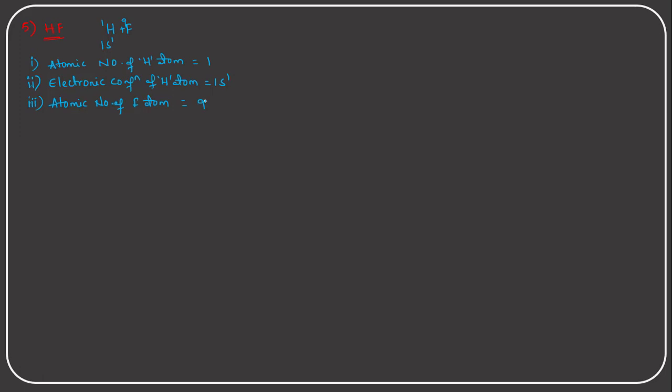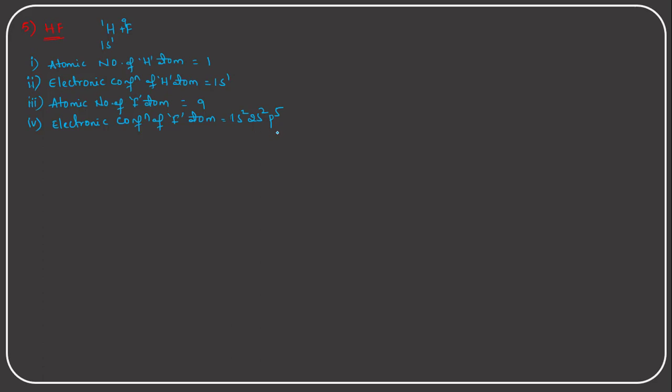is 9. And what is the fourth point here? Electronic configuration of fluorine atom, that is 1s2, 2s2, 2p5.